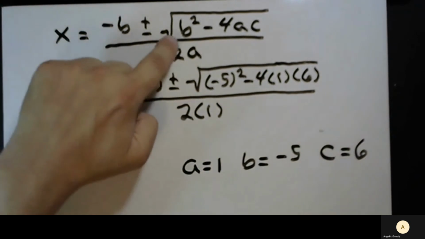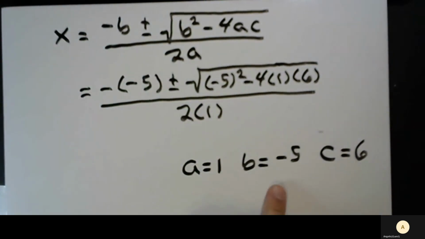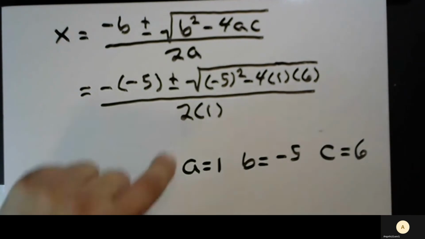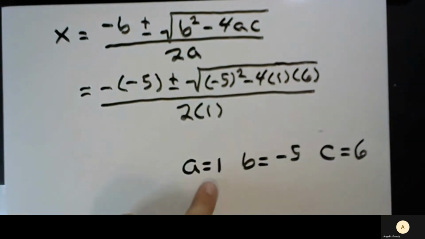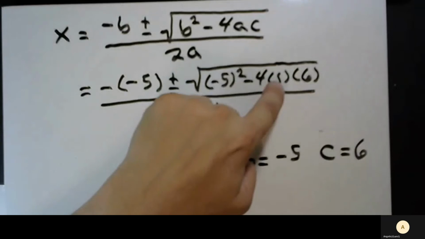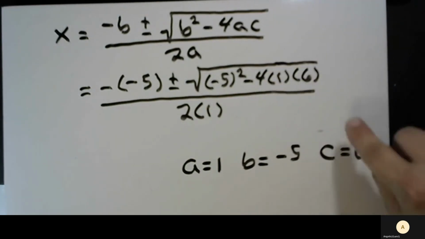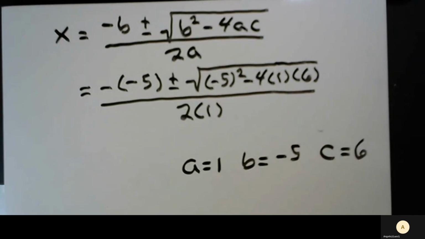So for b, b's negative 5, so we replace b with negative 5s. A is 1, so we replace the a's with 1s. And then the c is 6, so replace c with 6.